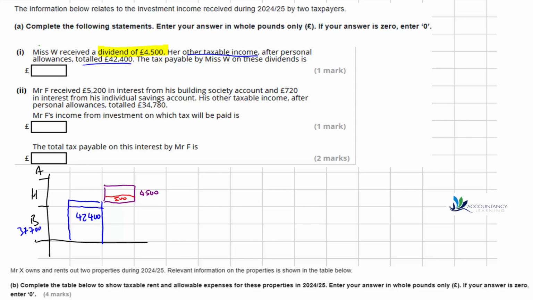So of that 4,500, we have 500 at 0%, and then we have the remaining 4,000 taxed at the higher rate dividend rate of 33.75%. And that gives us 1,350. So that's how much the tax payable on these dividends will be.